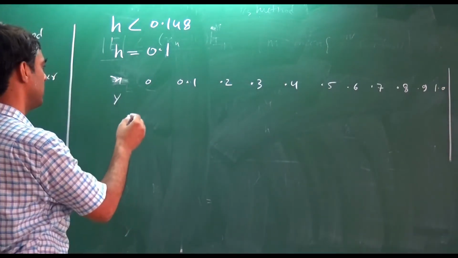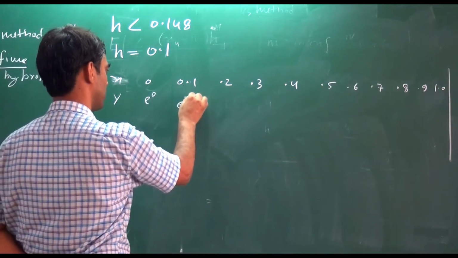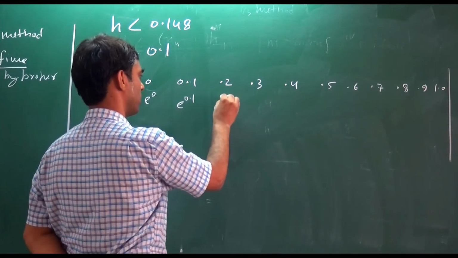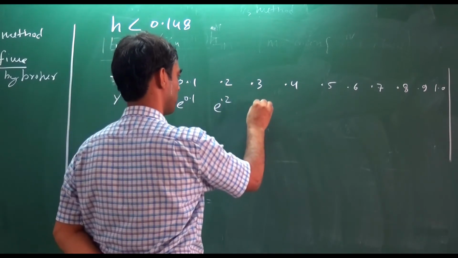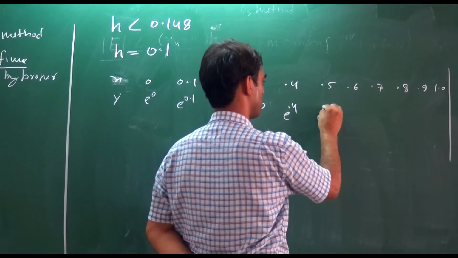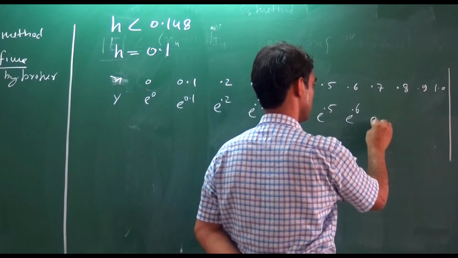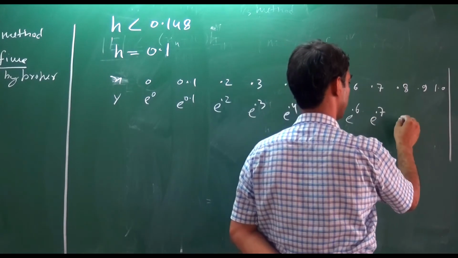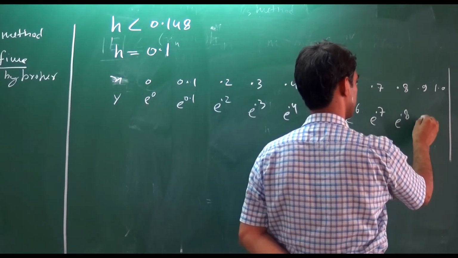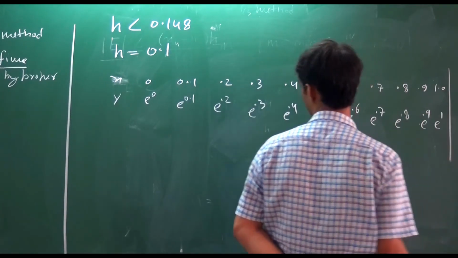What is the value of y? E to power 0, e to power 0.1, e to power 0.2, e to power 0.3, e to power 0.4, e to power 0.5, e to power 0.6, e to power 0.7, e to power 0.8, e to power 0.9 and e to power 1.0.